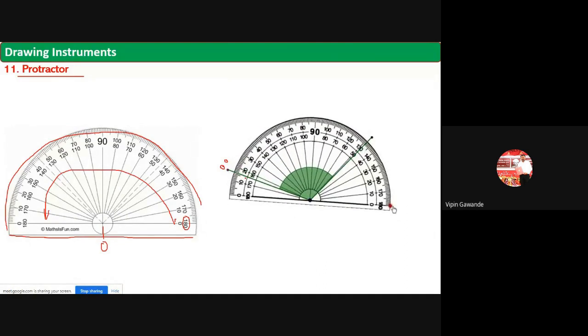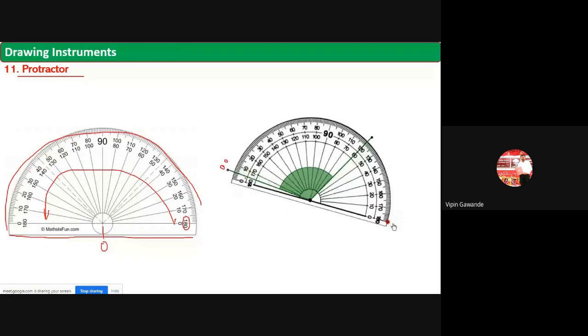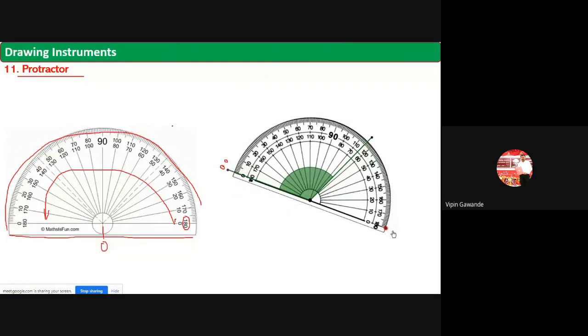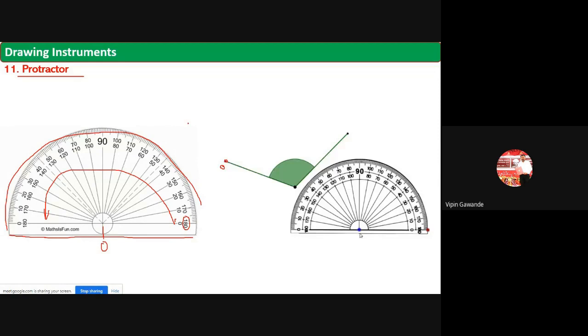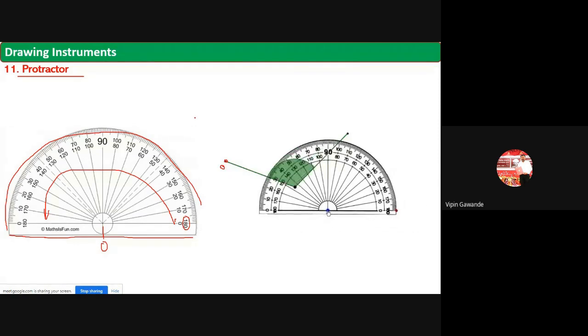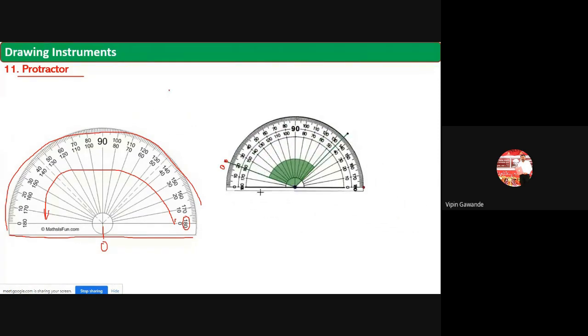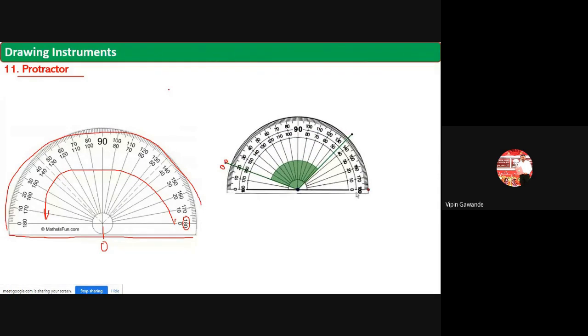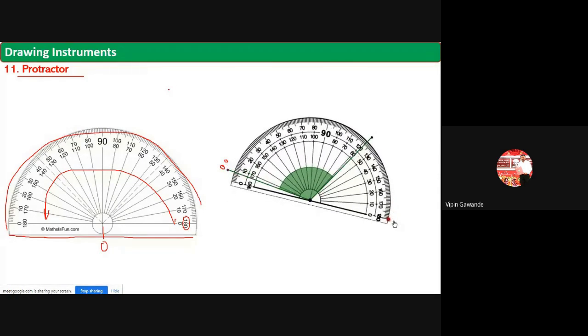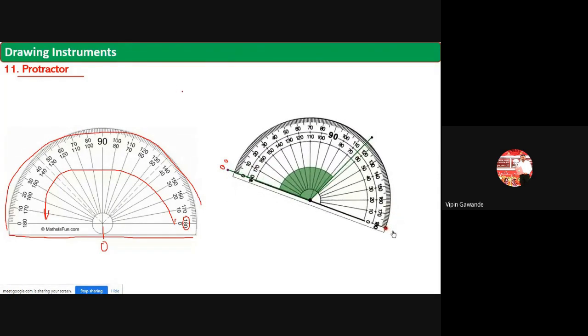Okay, so these are the different types of drawing instruments. I have already given you the list of the drawing instruments. You don't have to purchase so many things. The protractor, compass and pencil are already available with you. If you are not getting H and 2H pencils, it is okay. Don't panic. Use the pencil which is available with you, that is HB pencil.